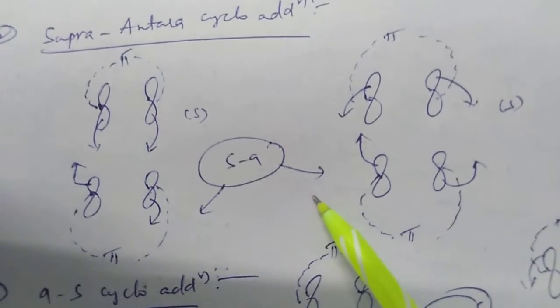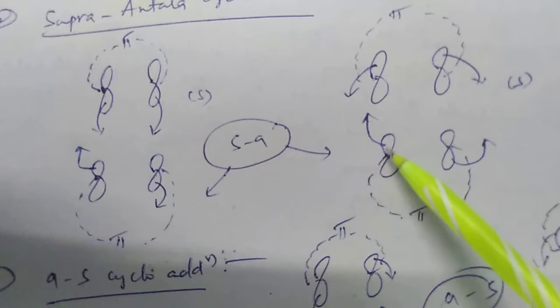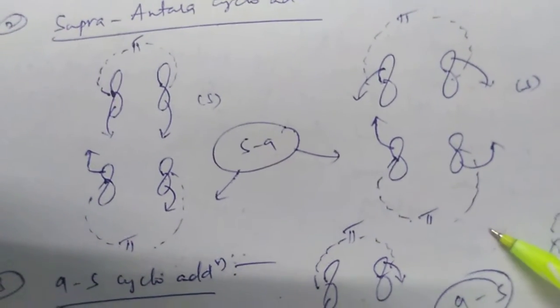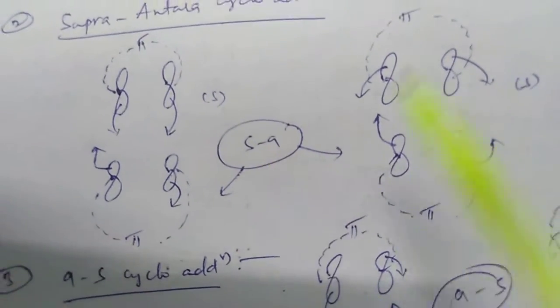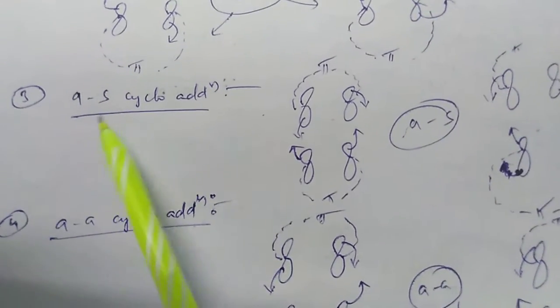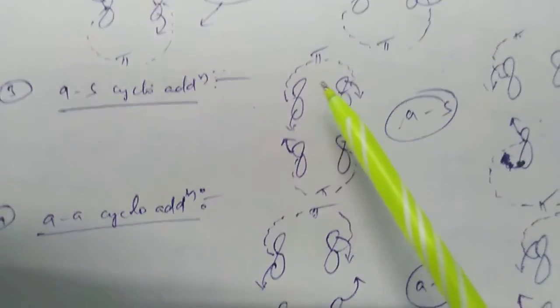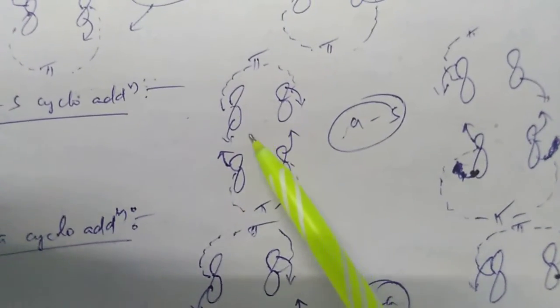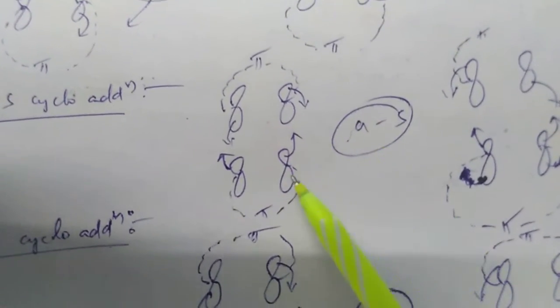The same case arises in this figure. The two lobes are on the same side. One lobe is on the upper face, another lobe is on the lower face. It is also called antara, supra-antarafacial cycloaddition. The third one is antara-supra cycloaddition. In this diagram, one lobe is on the lower face and another lobe is on the upper face. It is called antara.